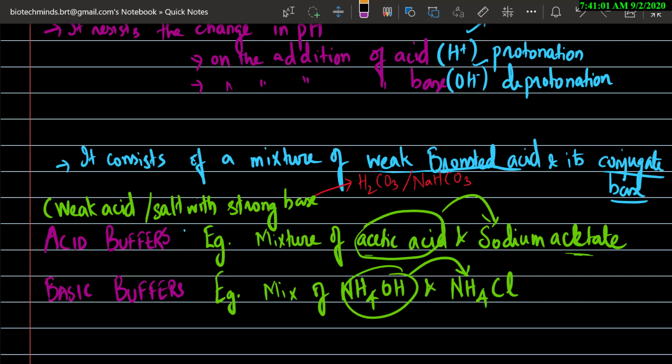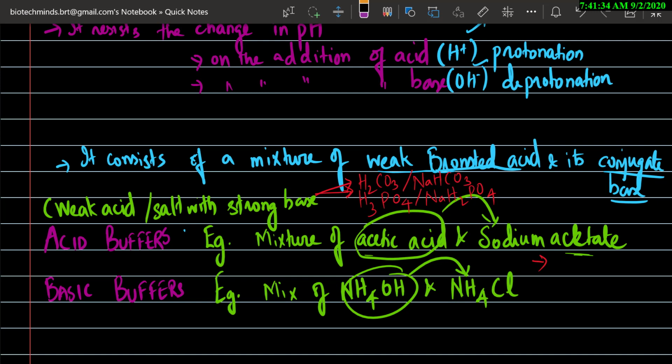That's why I indicated it in red color, and I'm going to represent the other examples in red color also. And the other example: phosphoric acid and sodium monobasic phosphate. I'll write it down here.